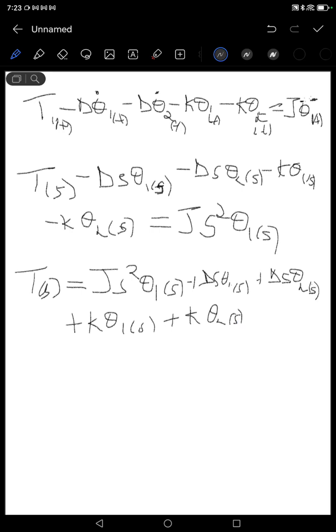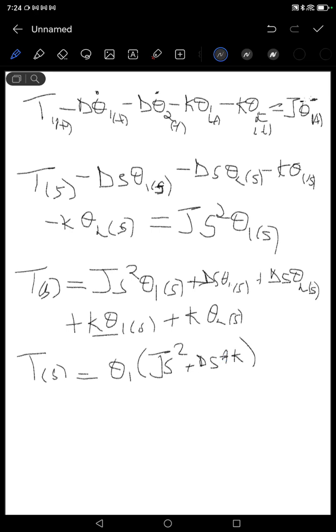Okay, and then after here we're going to take theta 1 as a common factor, because we have the theta 1 and the theta 1, and we also have the theta 2 and the theta 2. So this is what we're going to do. We're going to have T of s equals theta 1 into J s squared, plus d s, plus k, like this.